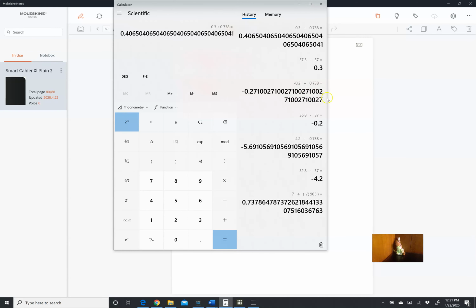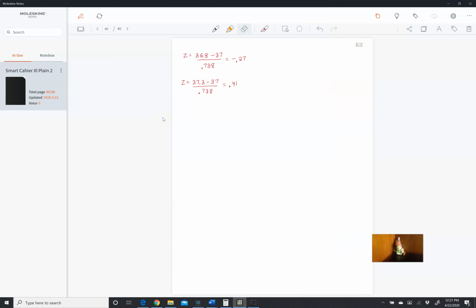Okay, so here's what this is saying. This is saying that the probability of 36.8 less than x bar less than 37.3 is the same thing as the probability of negative 0.27 less than z less than 0.41.